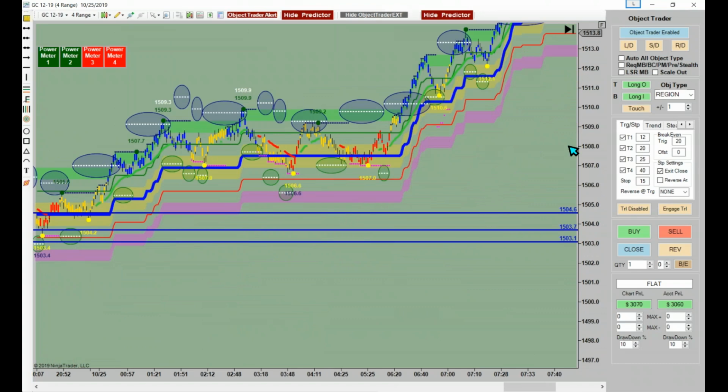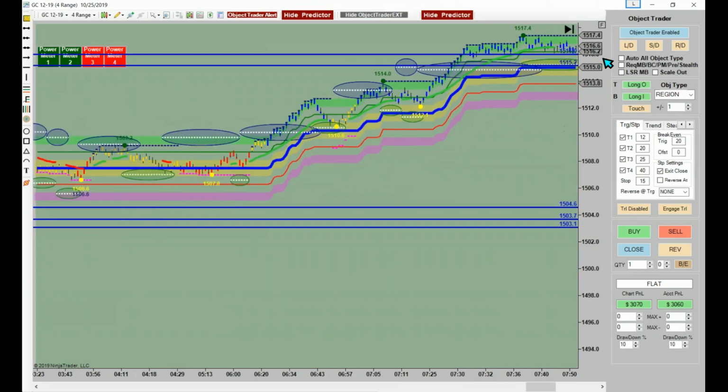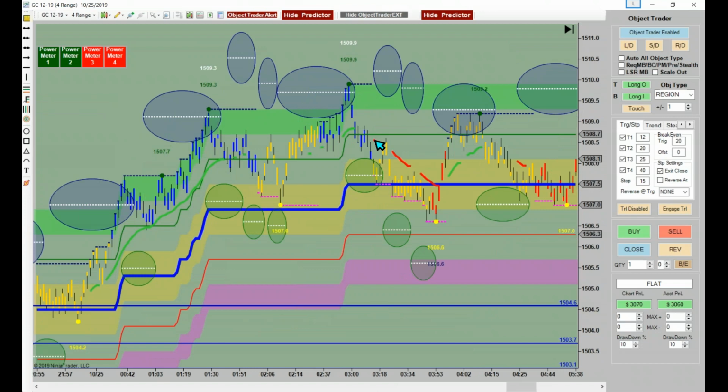That one had a red stealth. That one didn't. If you don't get a red stealth, as a rule, see how this is just green? It's just kind of going through stealth, but you never got a red stealth because it was still heading up. When they get those red stealths is when they start breaking and they're not heading up anymore.